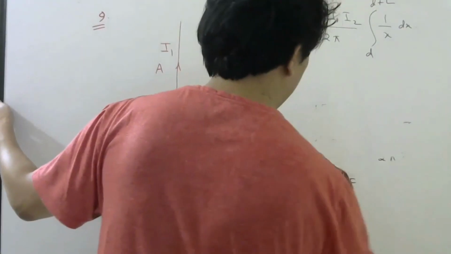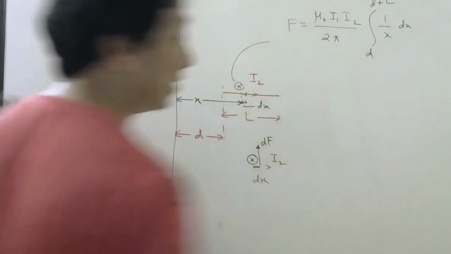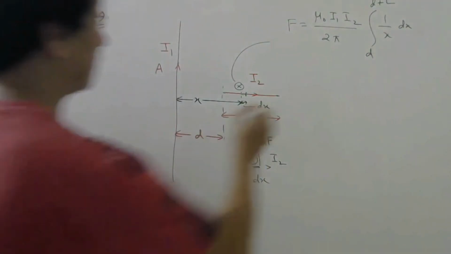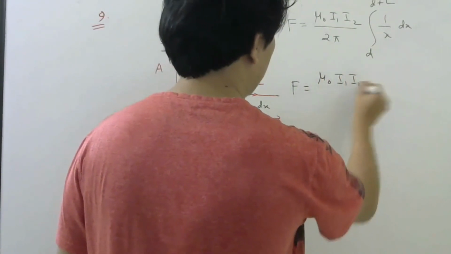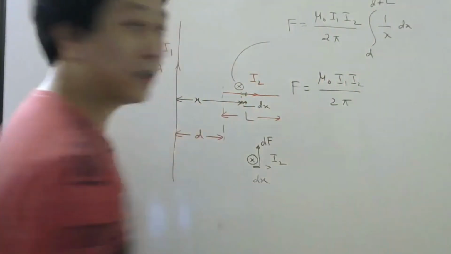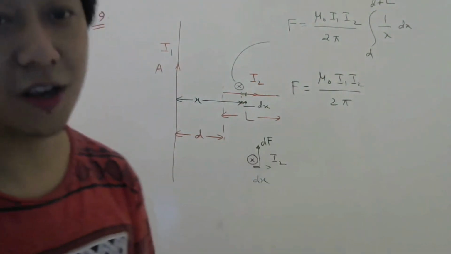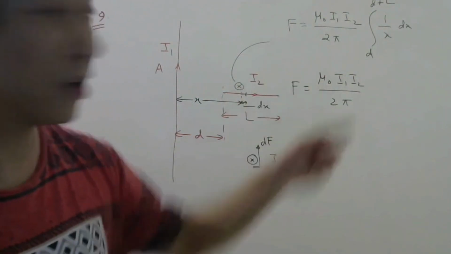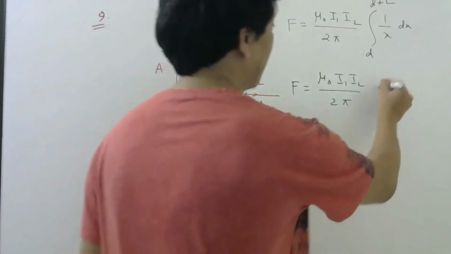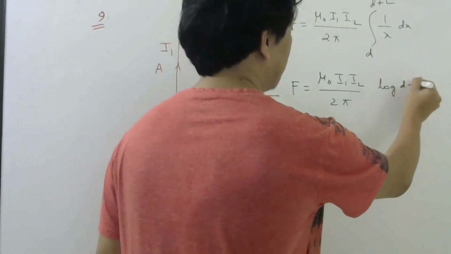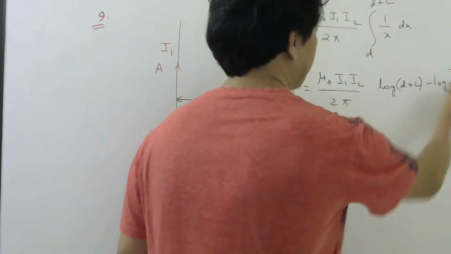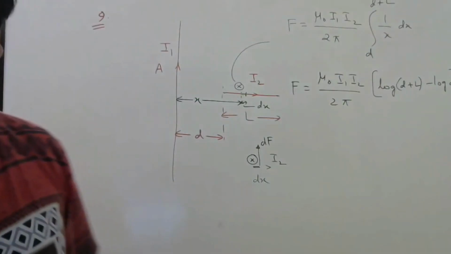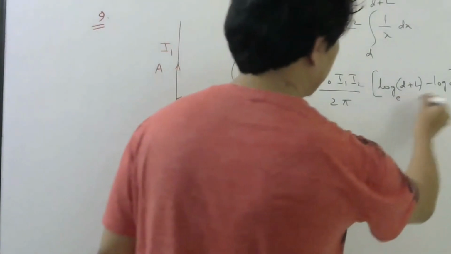Then you know already the integration of 1 by x dx is log x. So this is mu naught I1 I2 divided by 2 pi, times log x. Put the upper limit, log of d plus L, minus log d. Then use the formula log a minus log b, base e.